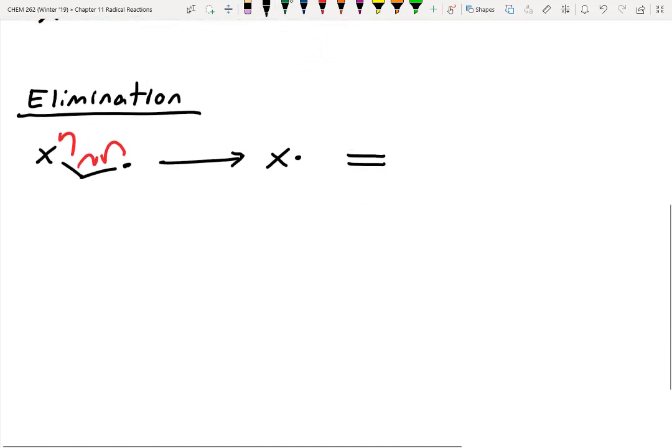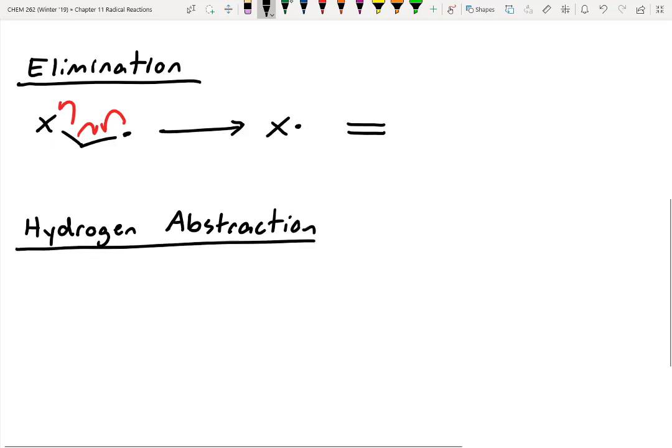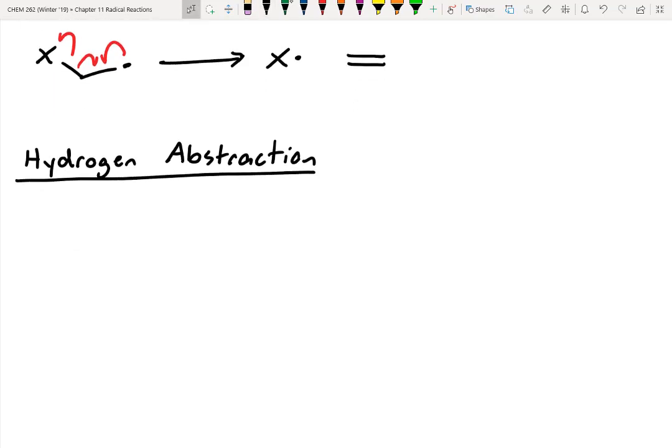All right, and then the last one is a set of reactions with hydrogens. This is hydrogen abstraction. With hydrogen abstraction, you could have some sort of reactive radical and some sort of alkane. So the R just means some sort of carbon placeholder, right?